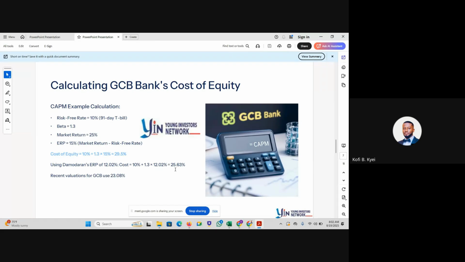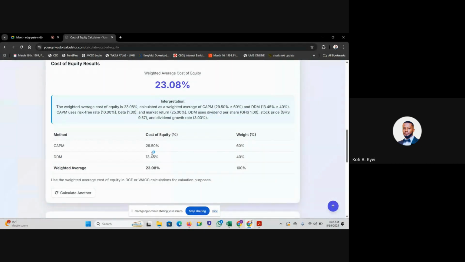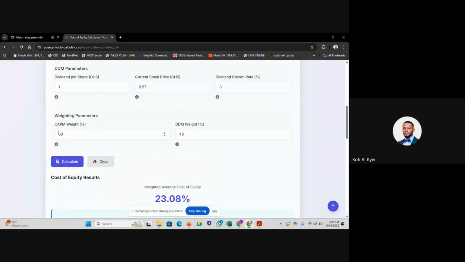Okay, this is 10, 1.325, 25.63. I think there's a variance in there. So this CAPM is 29.5, the DDM is 13.45, so you just keep changing.